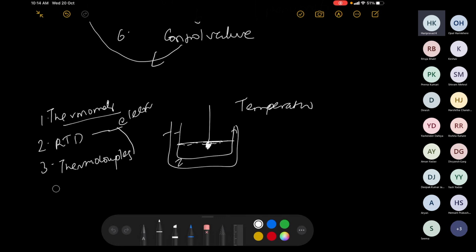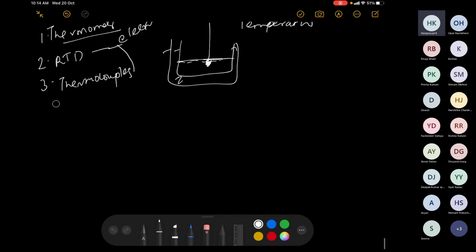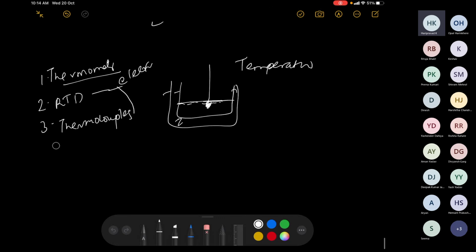And you might have seen, when you dip the thermometer into the place where you want to measure your temperature, for instance your body temperature, you may keep it either in your armpit or even inside the mouth.